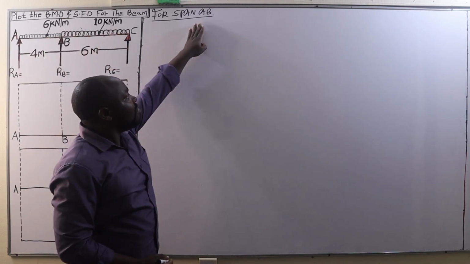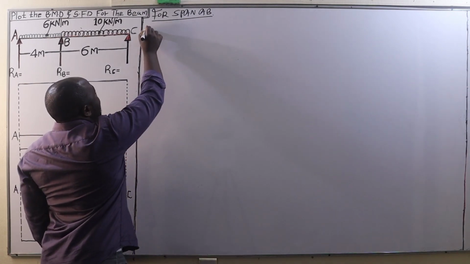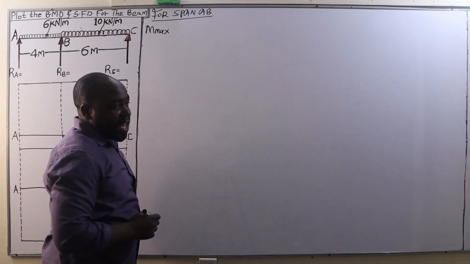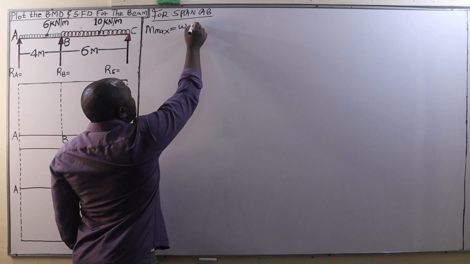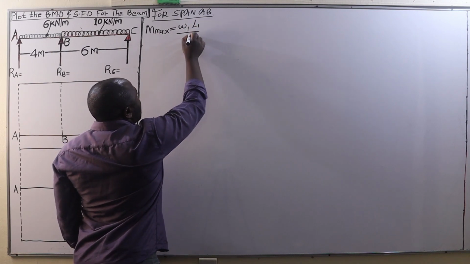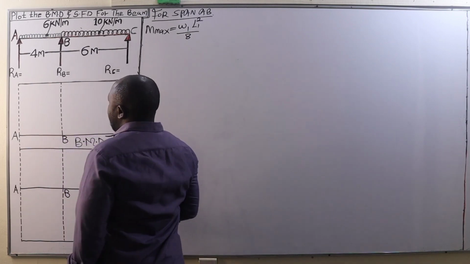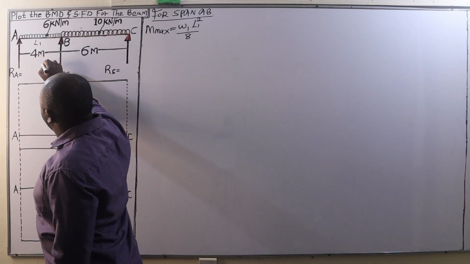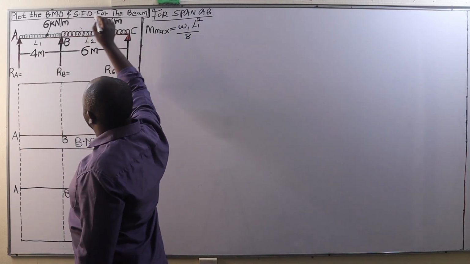The maximum bending moment between span A and B will be given by this formula: W1 L1 squared divided by 8. In this case, span AB is L1, span B to C is L2.